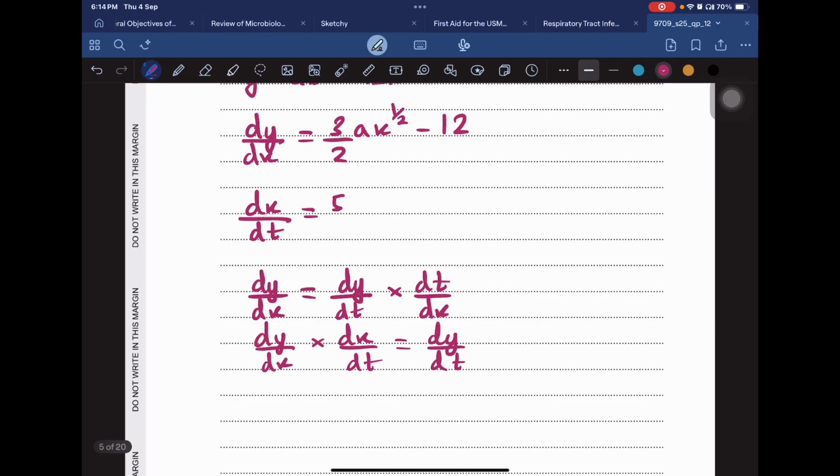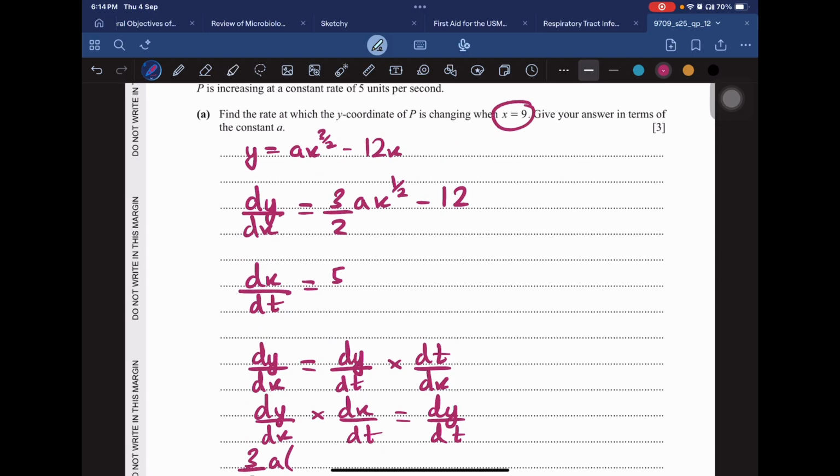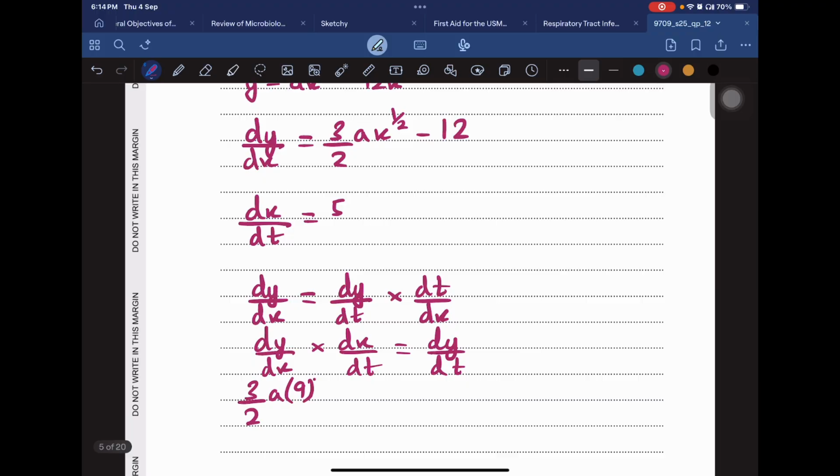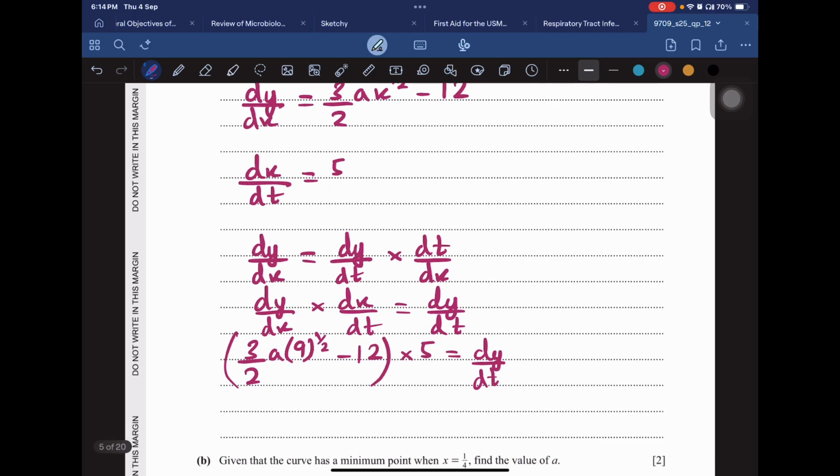So I'll replace dy over dx with 3 upon 2a, in place of x I'll put 9, and that is the power of half, minus 12, okay? And this thing is multiplied with dx over dt, which is 5. This is equals to dy over dt.